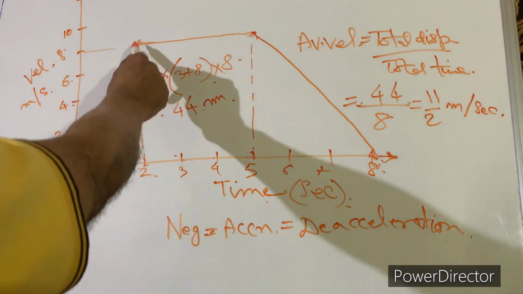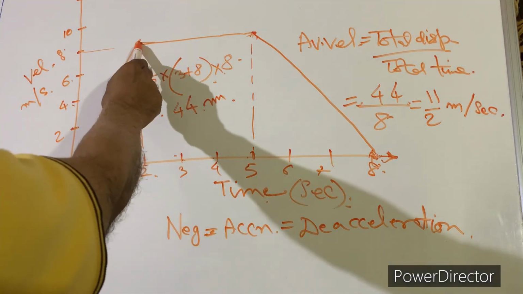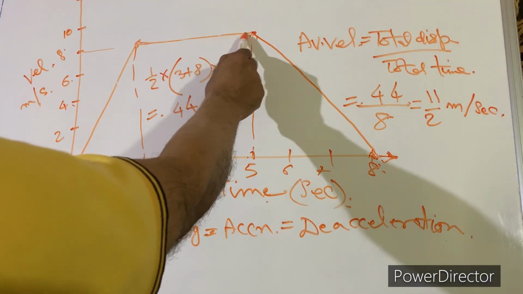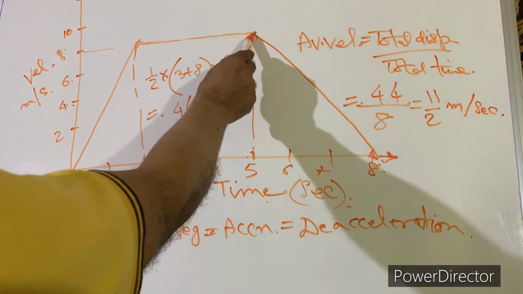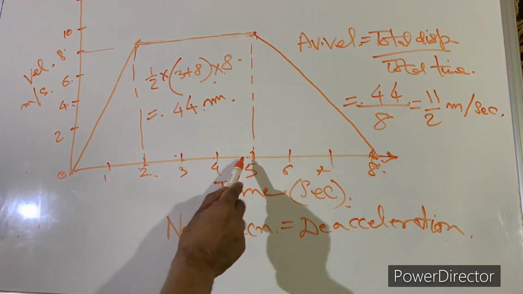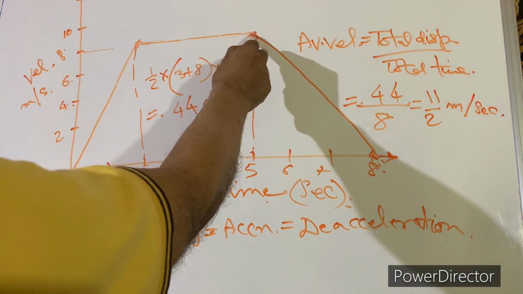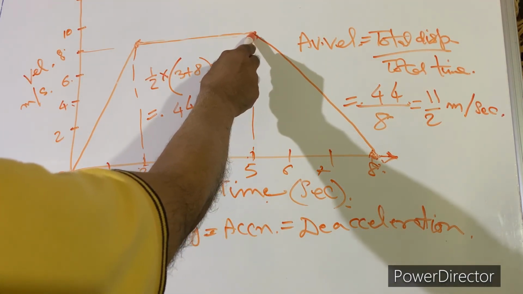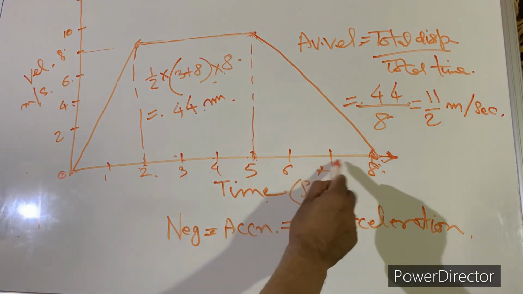First, its velocity went up during the first 2 seconds, then it traveled with a constant velocity, which means acceleration was 0 during this time. It traveled with a constant velocity for a period of 3 seconds, and then it started decelerating, or decreasing its velocity, during the last 3 seconds.